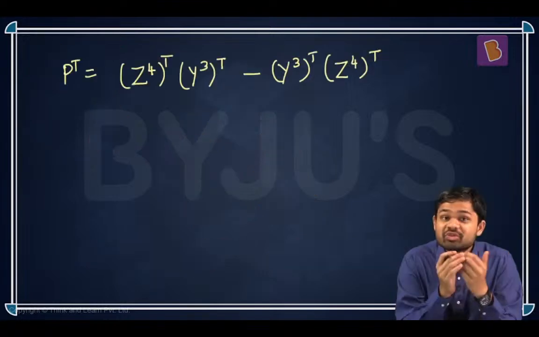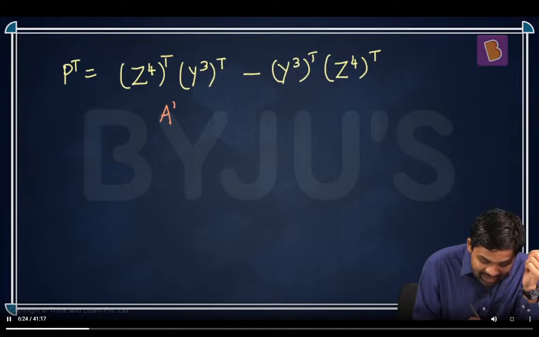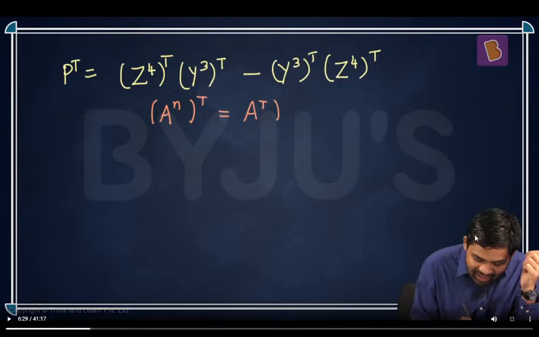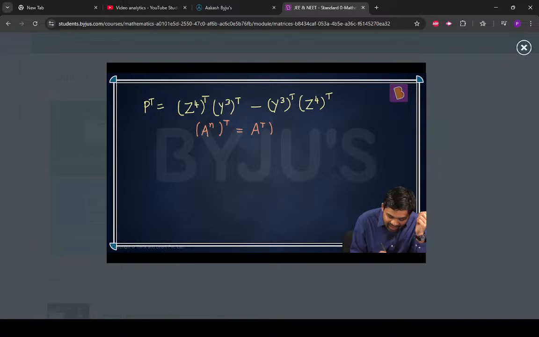Next, I am going to make use of another property, which is that matrix A raised to n, the whole transpose, is nothing but matrix A transpose whole raised to n.